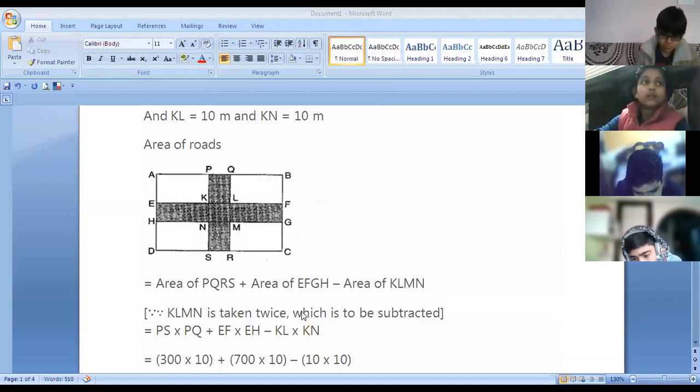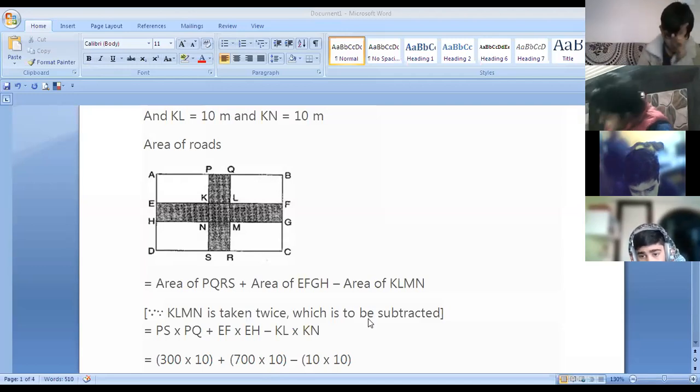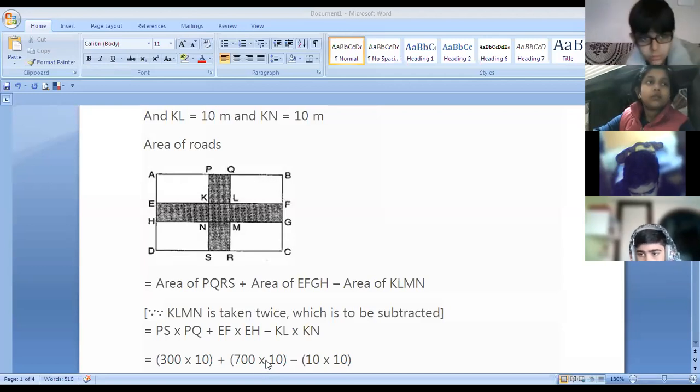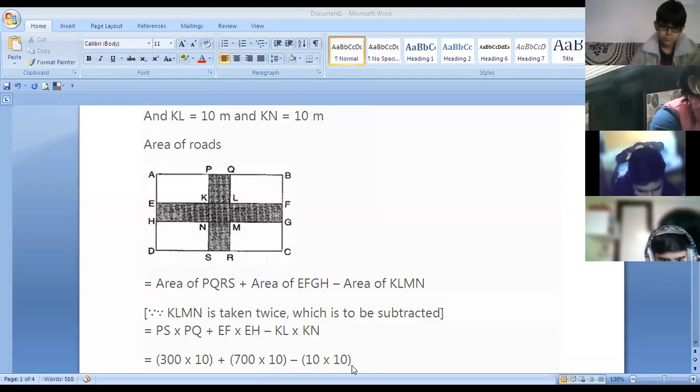3000, Anupriya, that's correct. 700 into 10, how much will it be? 7000, that's right, Vivek. Ryan, that's correct. So 3000 plus 7000 is? Yes, Swastik, your answer is also right. 10,000. And 10 tens are 100.